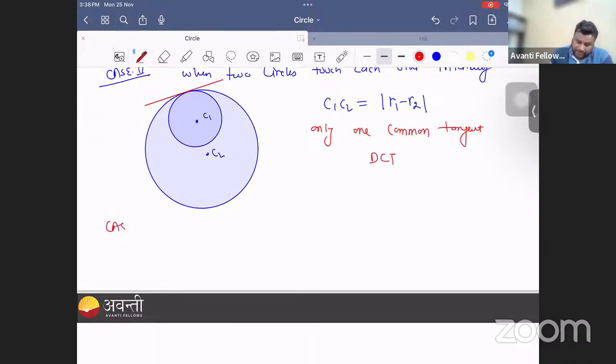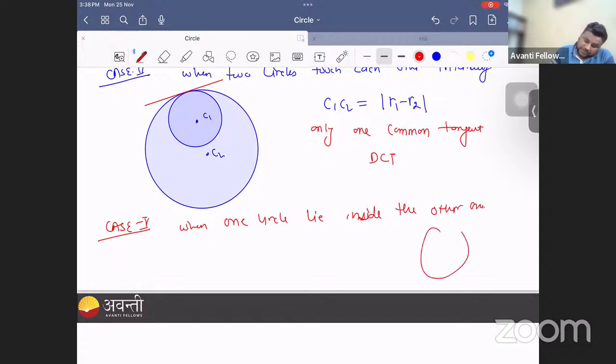Got it? And case 5, when one circle lies inside the other one, like this. One circle is this and the other is this. So in this case, what?